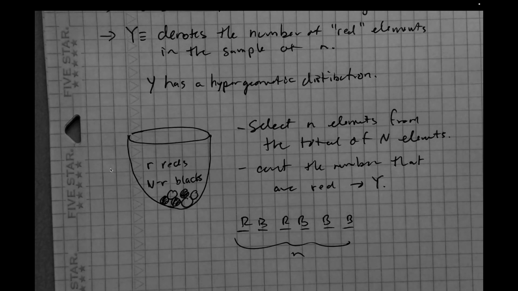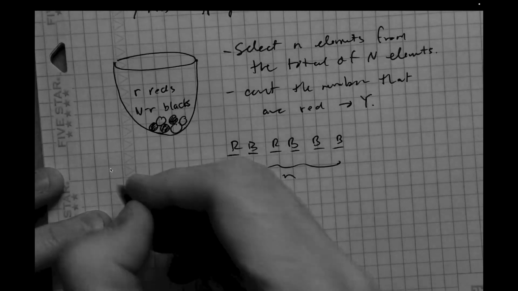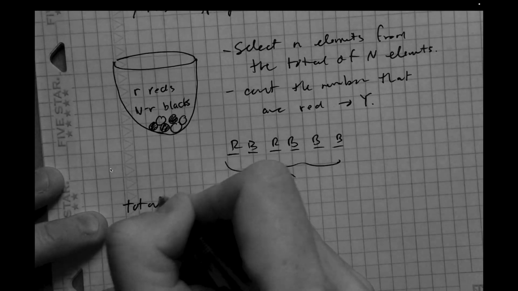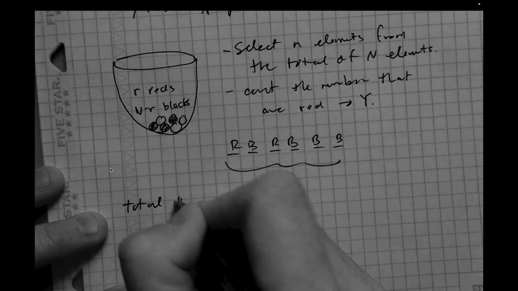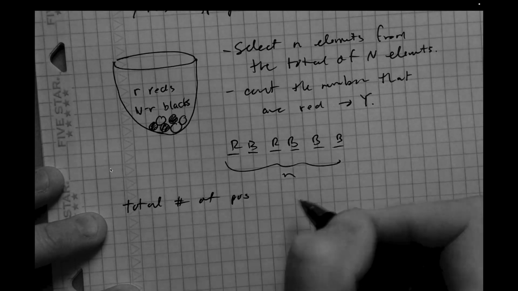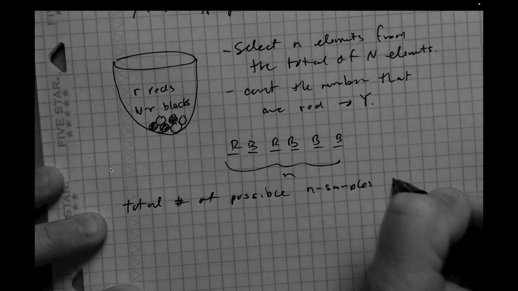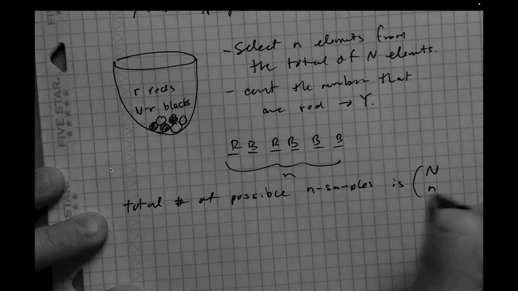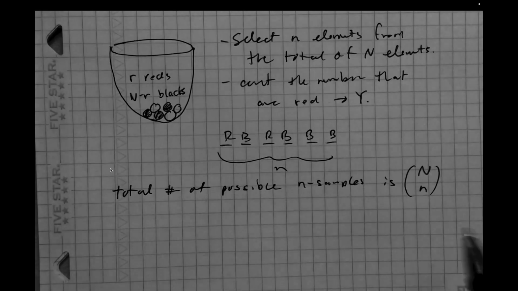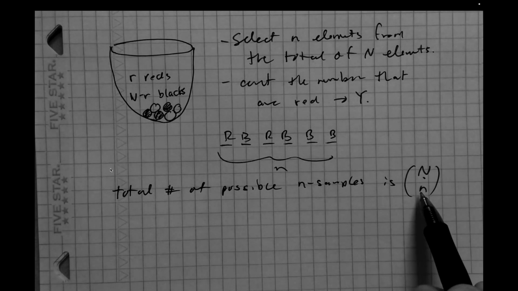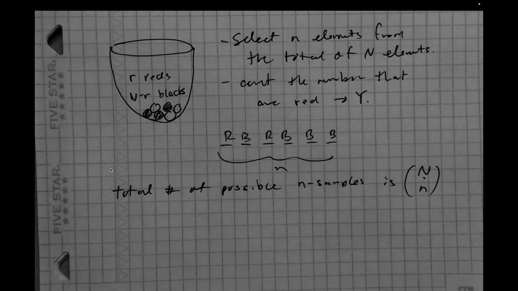But the total number of possible samples is N choose n. The total number of possible n samples is big N choose little n. I've got 100 things, and I'm going to choose 10 of them. So that's straightforward.